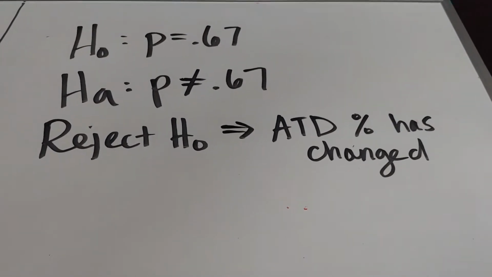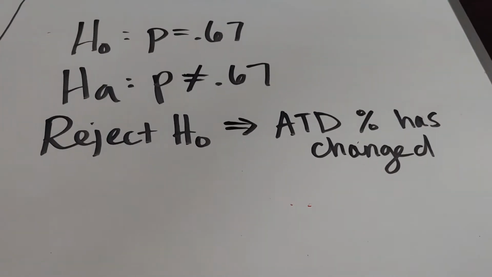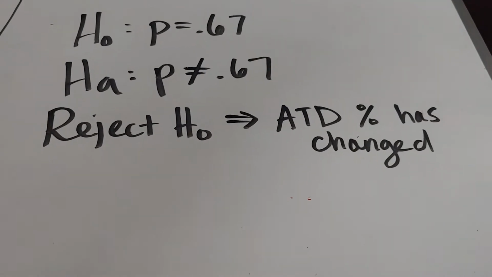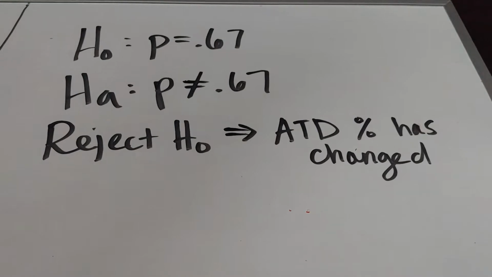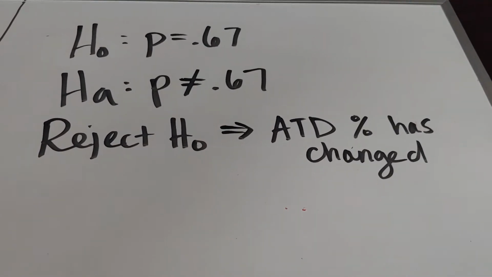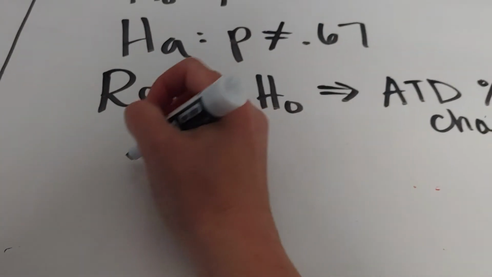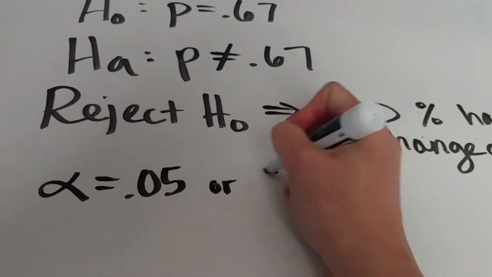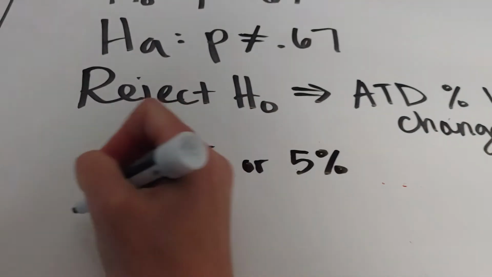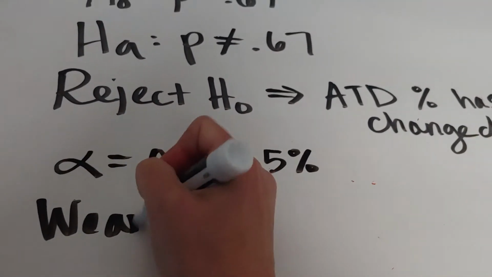What I want to talk about now is error. Are we right? Did we screw up? Okay. So when we use that measuring stick of alpha equals 0.05 or 5%, so I'm going to write that, alpha equals 0.05 or 5%, what we're saying is that we are 95% right.